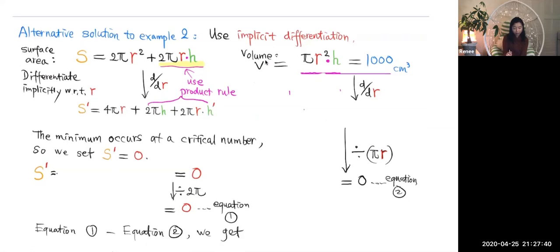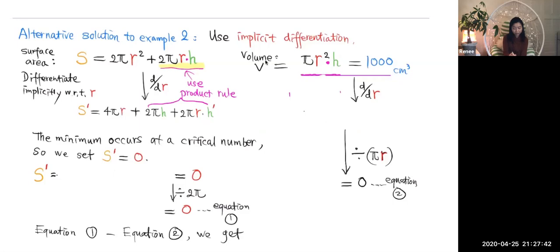Okay. Now, similarly for the volume, we're going to differentiate with respect to r on both sides. Here we also have to use the product rule because that's a product of the function pi r squared and the function h, okay? So when we use the product rule, we take the derivative of pi r squared with respect to r.